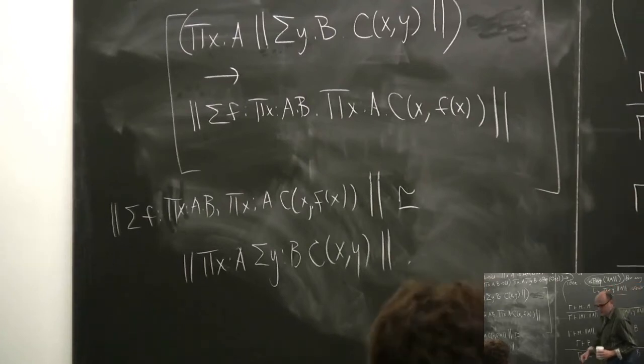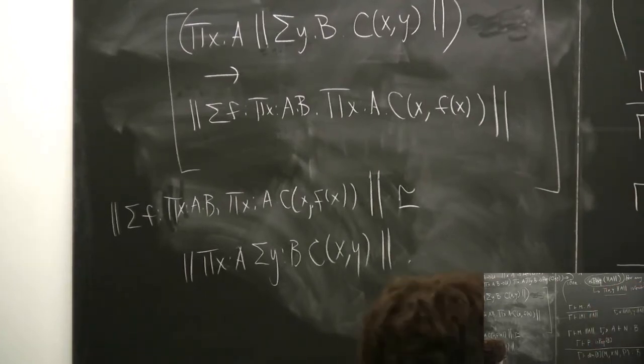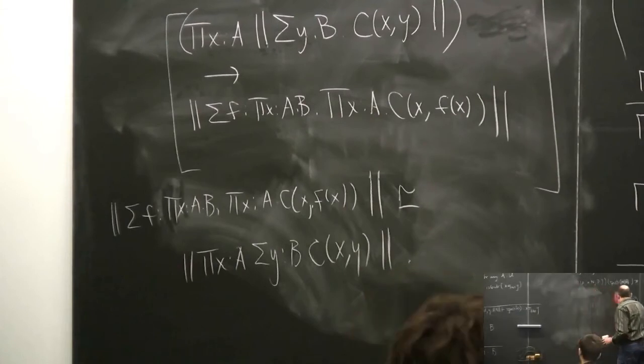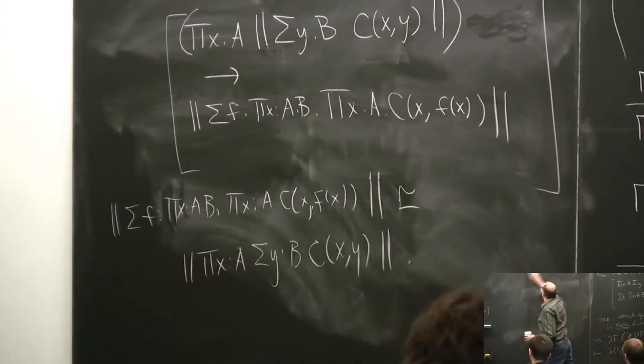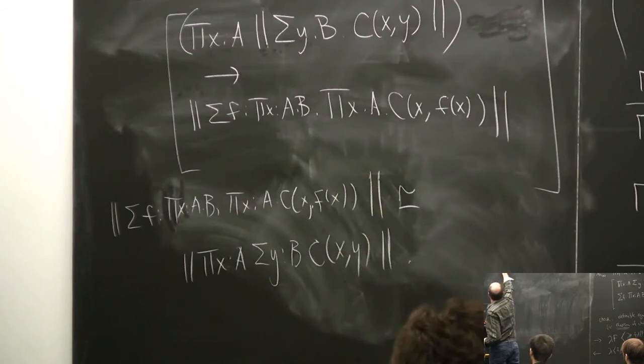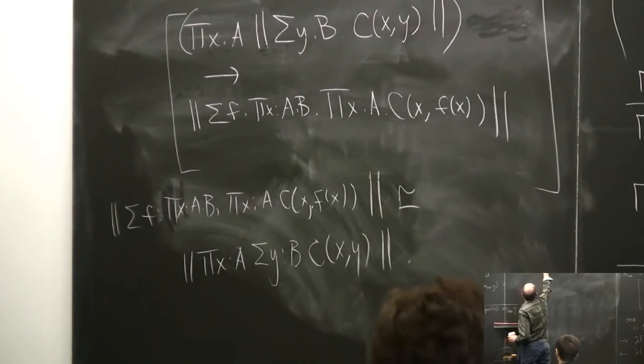So that means, now I need to make some space for myself. Okay, so what we have here is that we can restate the axiom of choice, the negative one version of it, the truncated version, on B, C of xy.